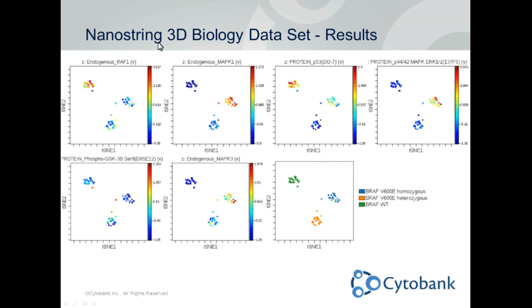With NanoString 3D biology, DROP allows you to take this spreadsheet data that NanoString generates, and it converts it into something that Cytobank can handle. And so here we're looking at these different RNAs and these different proteins, and you can see, just like the other data set, differential expression across these different islands.